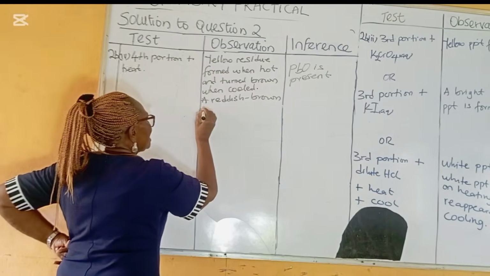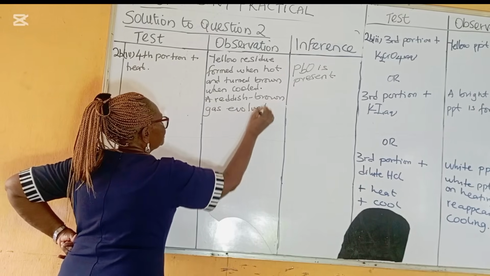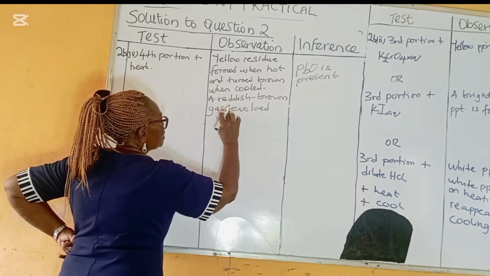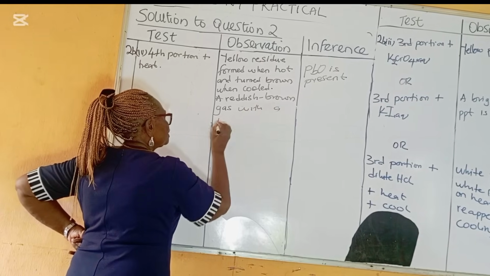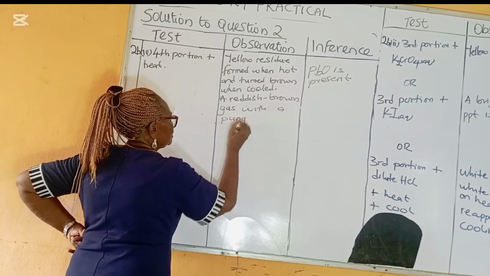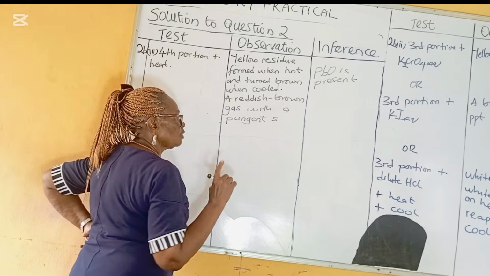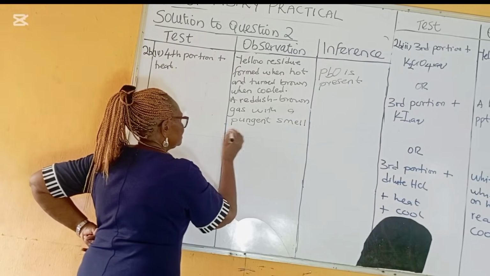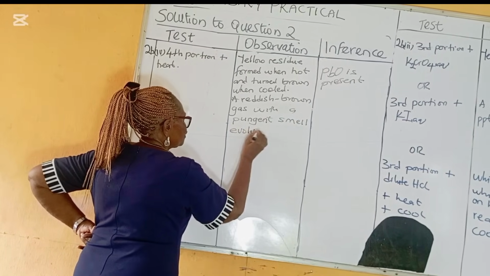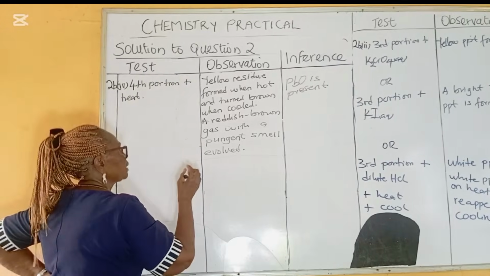The reddish brown gas evolved, a reddish brown gas, sorry, with a pungent smell. The color goes with the odor for 1 mark: reddish brown gas with a pungent smell evolved. That's 1 mark for the color and the odor.